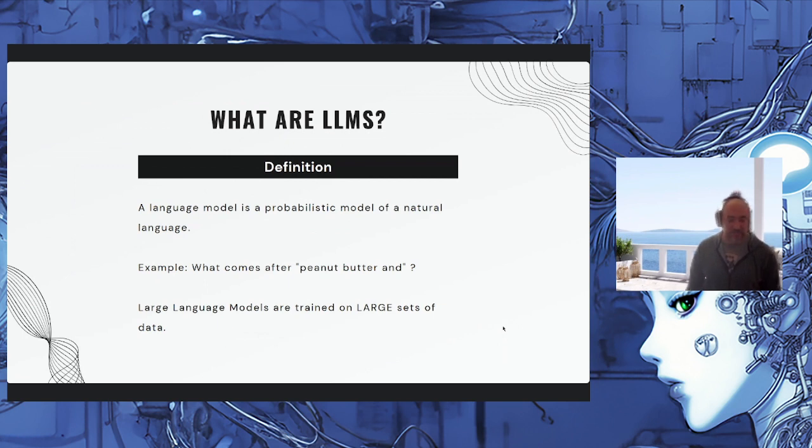Large language models take that idea, but expand it to large sets of data. And when I'm talking large, I'm talking internet-scale sets of data that these models get trained on. Then you can use these models to predict the next set of words, or the next sentence, or the next paragraph, with whatever you provide to them.